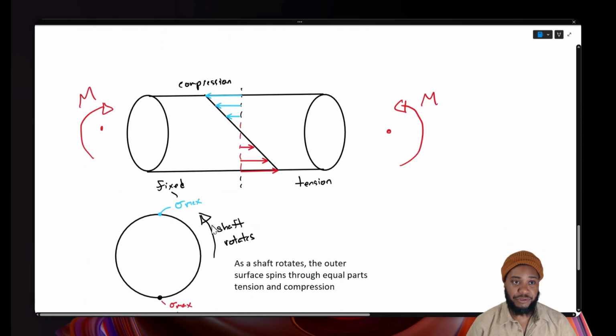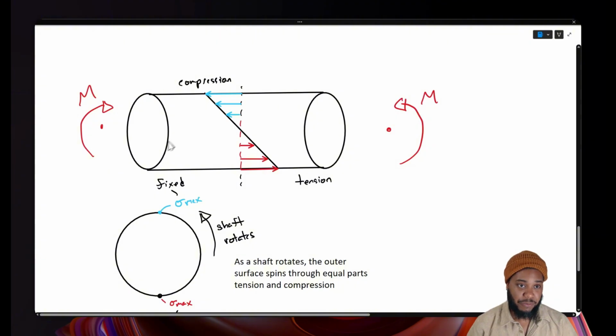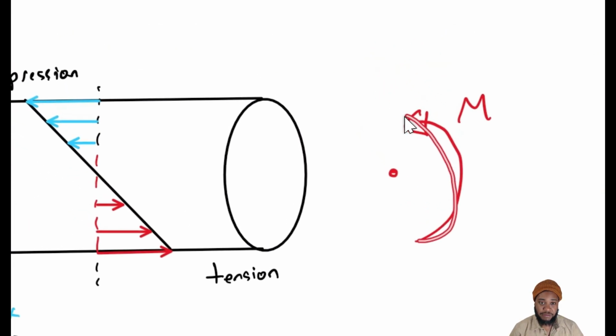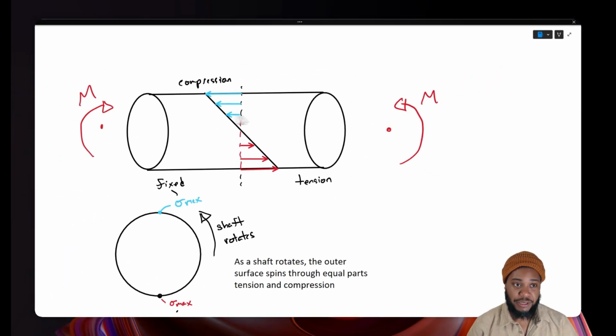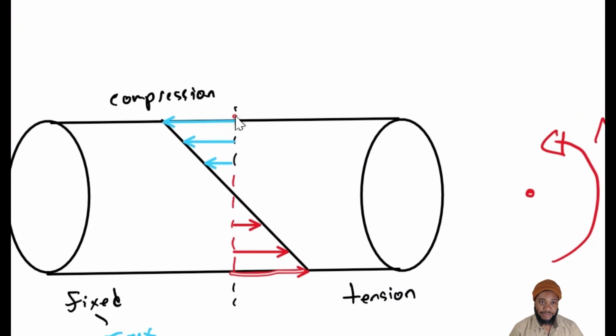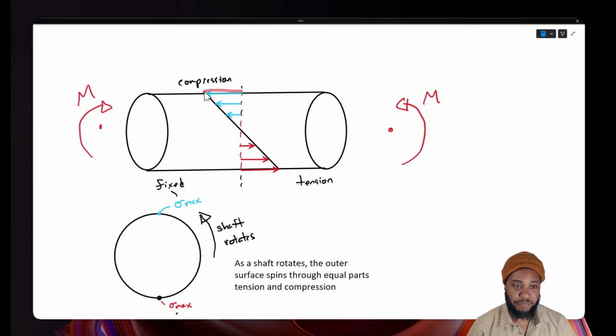Now, how do we think about this? Well, let's assume we have a cylinder. It's subjected to a constant bending moment. If it was not rotating for this state of moment, the bottom would be in tension, the top would be in compression.